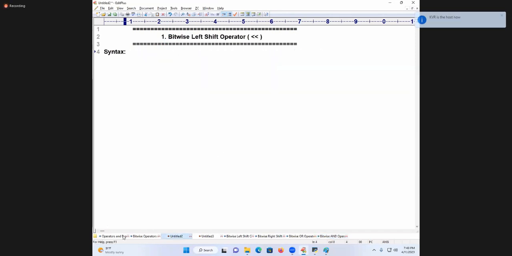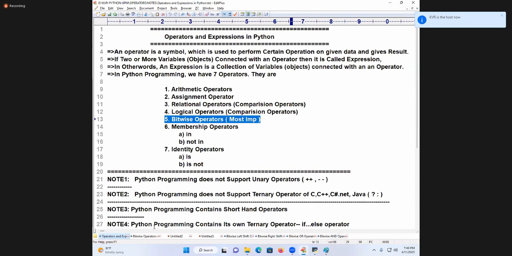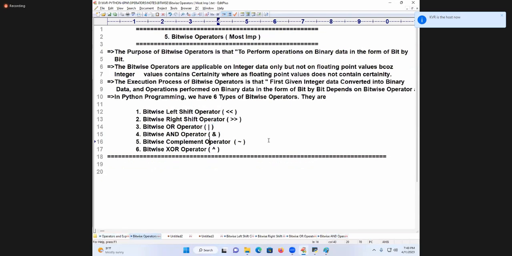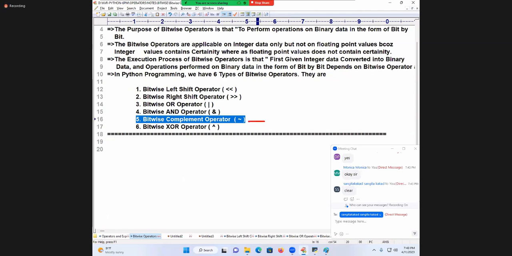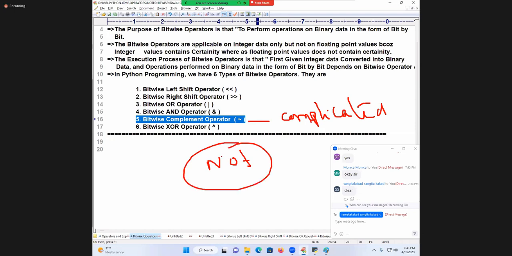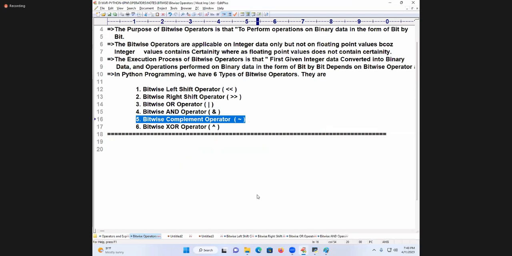Now, what is the next operator? Come on. Bitwise complement operator. So I cannot complete this now, because it will get most complicated. Students will feel it is complicated, and it is not a NOT operator. You see, at the beginning only I will say. One student said A is equal to 10.